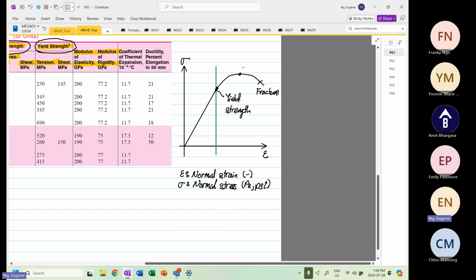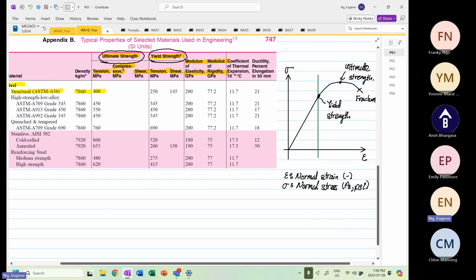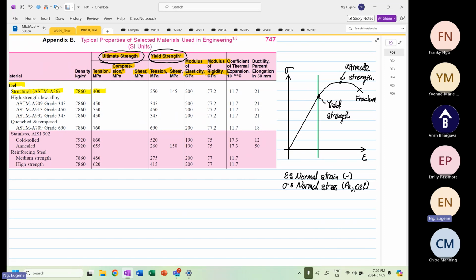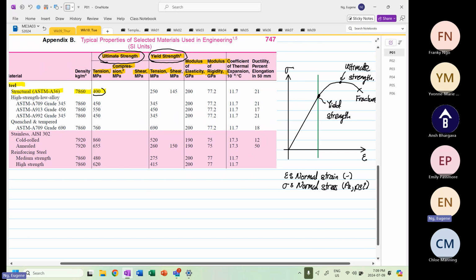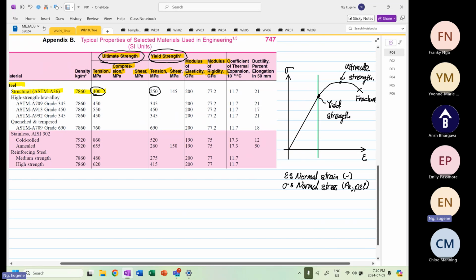And at the peak over here, this is our ultimate strength. So we are given two values. Let's focus on tension for now. We are given 400 megapascal and 250 megapascal in tension. The 400 is the ultimate strength, and the 250 is the yield strength under tension.